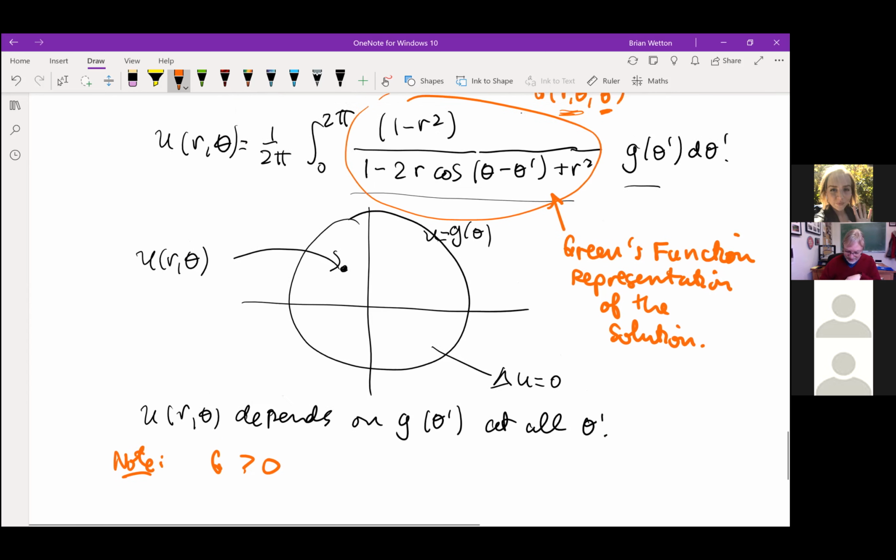And also, if I integrate from 0 to 2 pi, 1 over 2 pi, G of r, theta, theta prime, and I integrate d theta prime, is this the one I want?